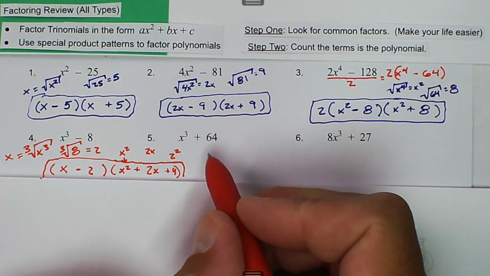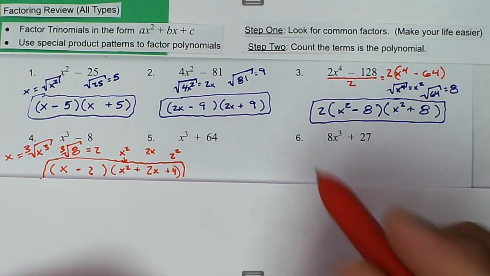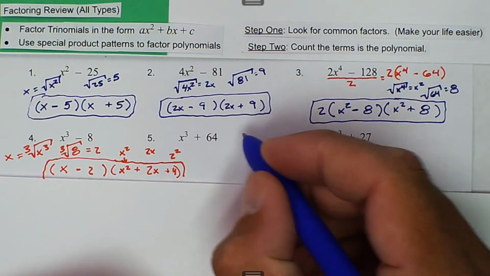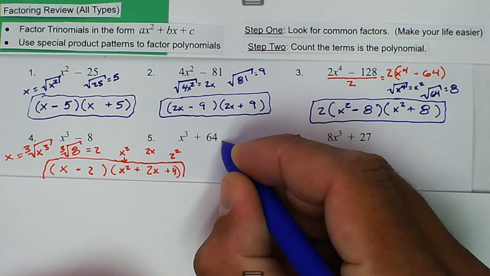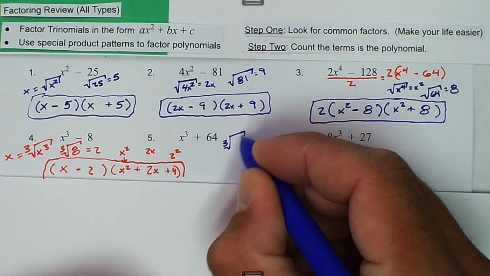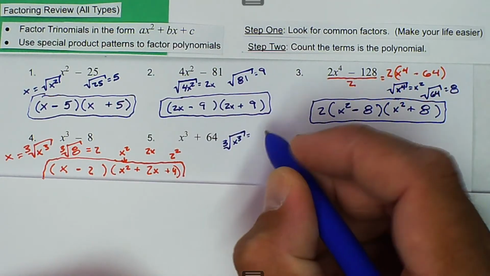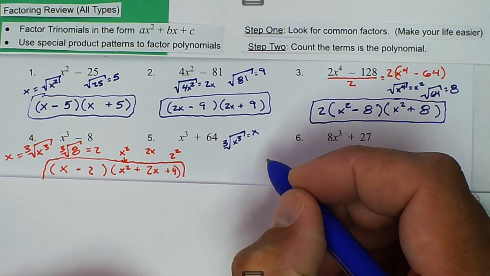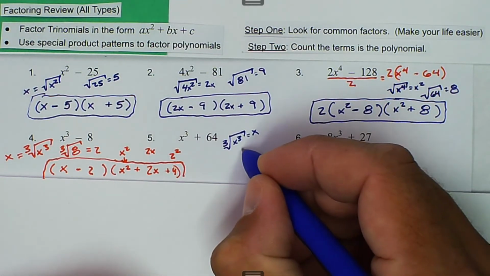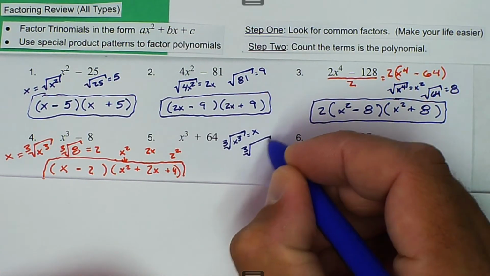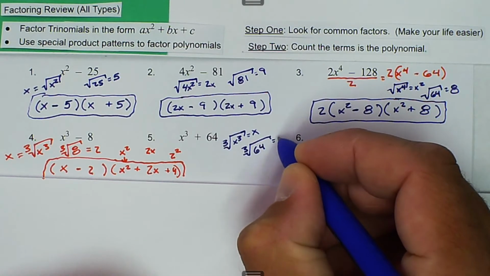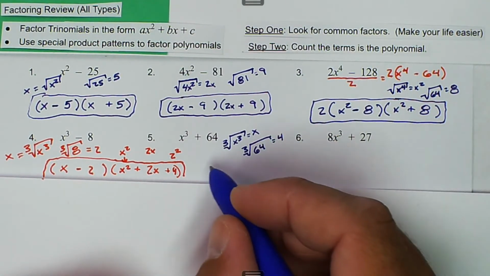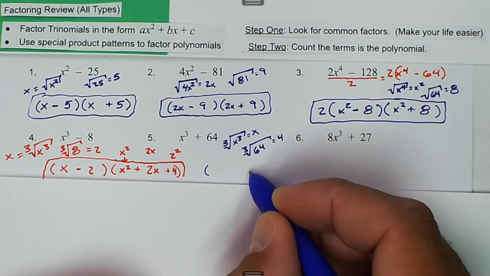I kind of ran over a little bit on the space for number 5. So again, the cube root of x cubed is equal to just x, and the cube root of 64 is 4. So once we have that, we can start filling out our formula.